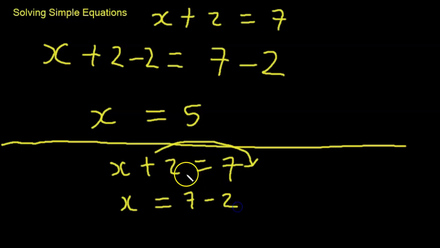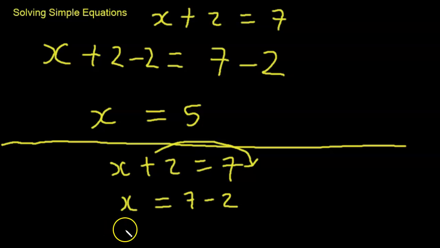So if it's positive, it becomes negative, and if it's negative, it becomes positive. So you will say positive 2 comes over to the right hand side, becomes minus 2. I will not bash that method because it works. It always works.